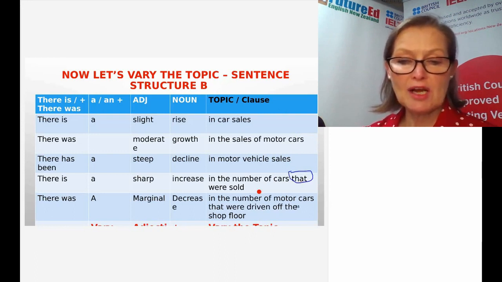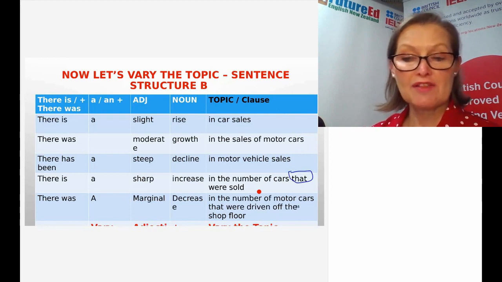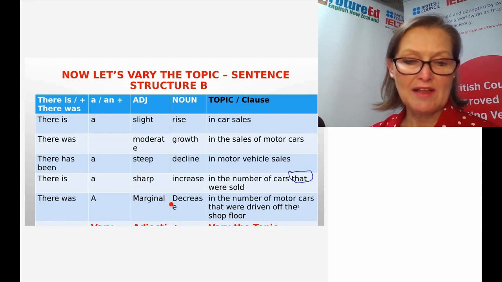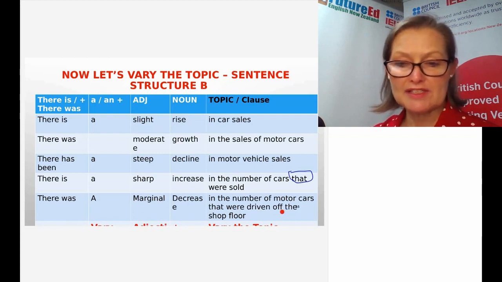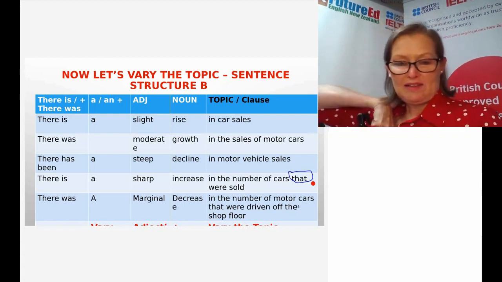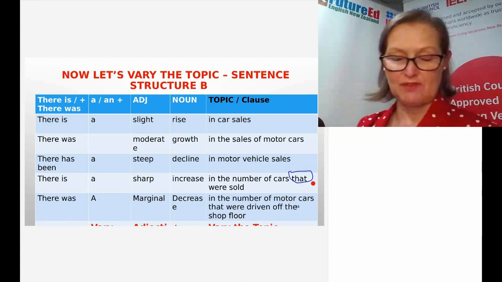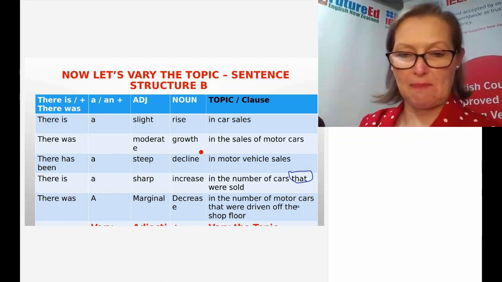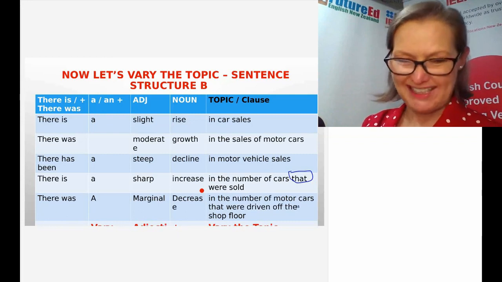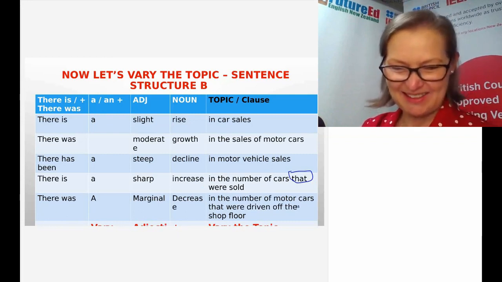There is a sharp increase in the number of cars that was sold. And once again, there was a marginal decrease in the number of motor cars that were driven off the factory floor. And I do apologize about these verbs. My slides have been upgraded for me. Okay.